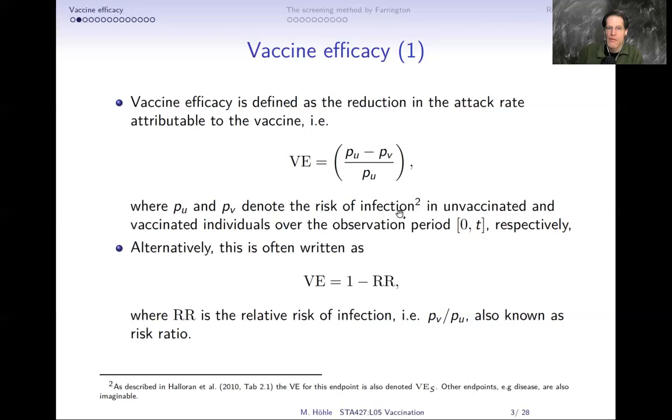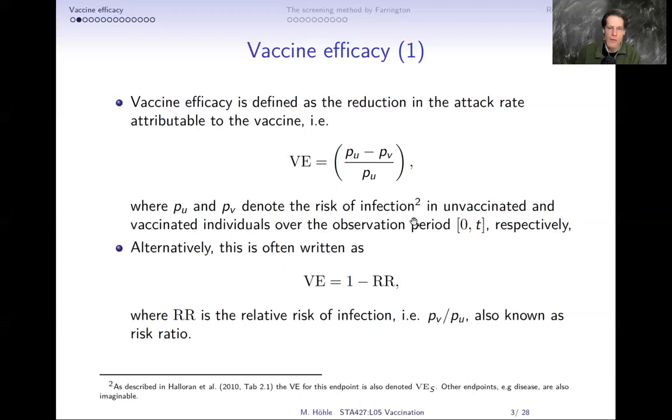When I said risk of infection, it's important to note this is only one possible endpoint. It could also be risk of disease onset or disease. For example, if the disease has a non-negligible proportion of asymptomatic individuals, like influenza or COVID-19, then it's important to study the different endpoints. But it could also be an endpoint like death from disease.